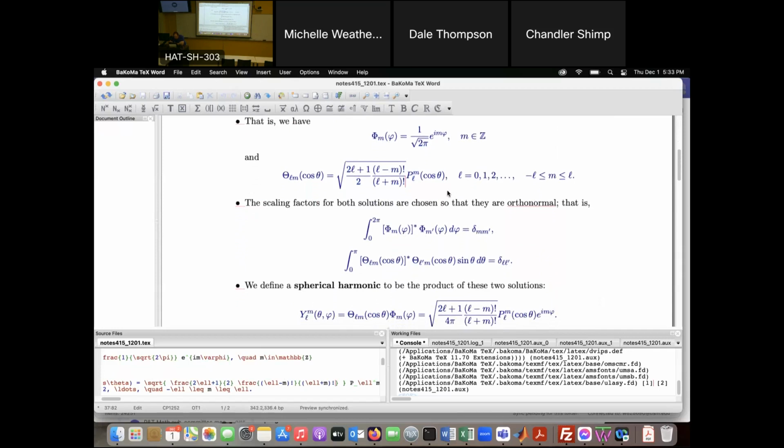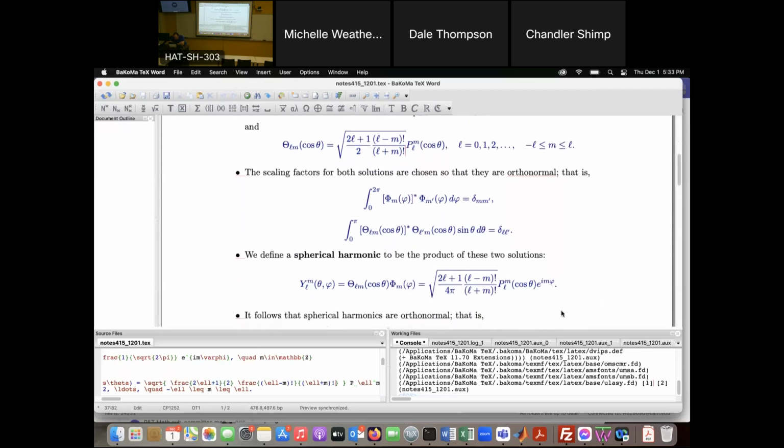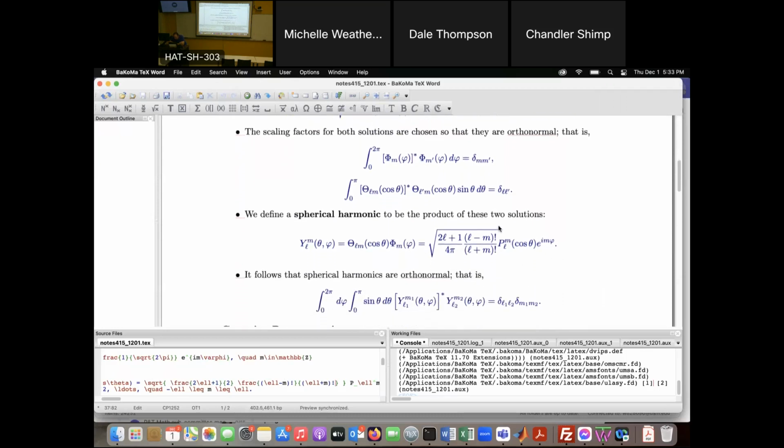So if we take these two functions with these scaling factors and just multiply them, those are our spherical harmonics. That's all I've done here. And because a spherical harmonic is a product of orthonormal functions, spherical harmonics themselves are also orthonormal with a scalar product that just comes from combining these two.